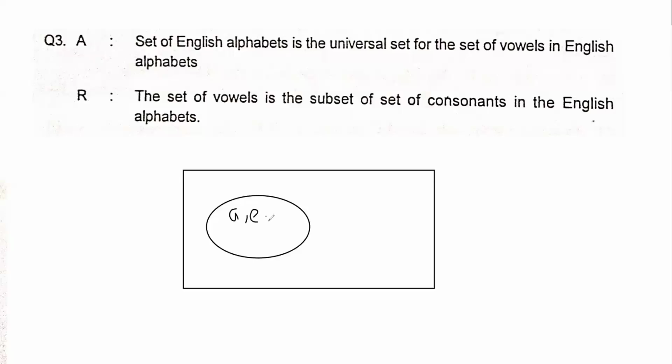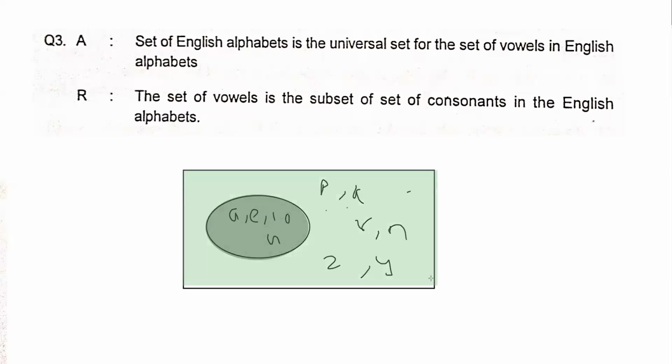That's A, E, I, O, U, and the others say P, K, R, N, Z, Y, and all are there. This is the universal set. The whole set is the universal set. So I can say that the whole alphabet is the universal set of this vowel set. Now, if I take this as a set, then the universal set is going to be this.